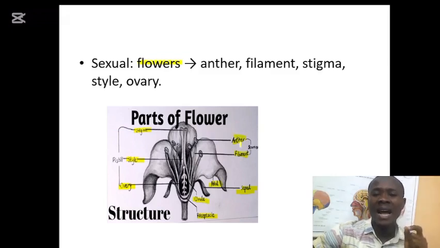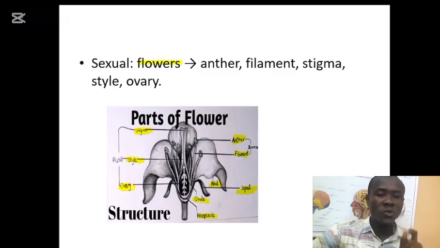And we have the anther that holds the pollen grain. And we have the stigma that receives the pollen grain produced by the anther. And we have the style. The style is a tube connecting the stigma to the ovary.